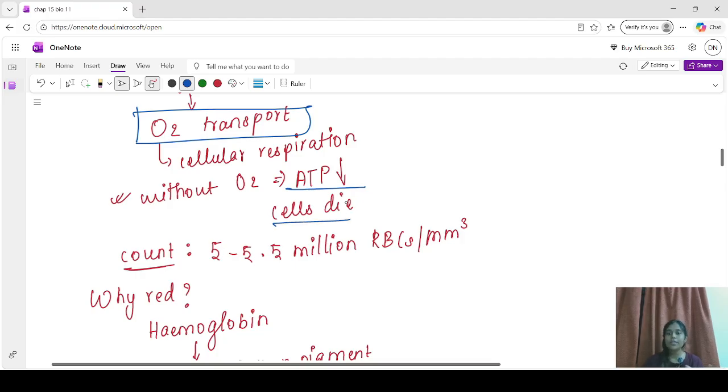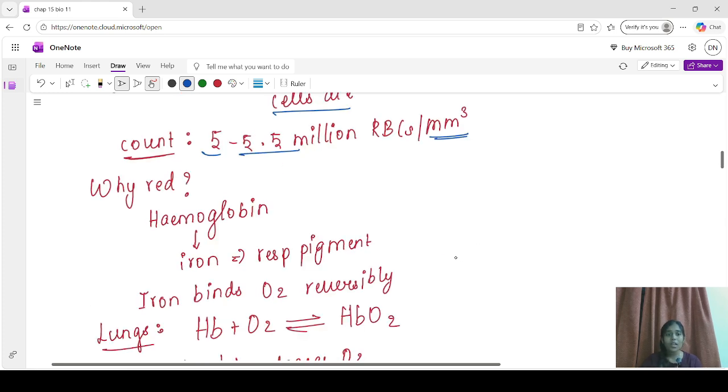So what is the count of the RBC in a healthy adult? In a healthy adult, the RBC count is 5 to 5.5 million RBCs per mm cube. Now, why are RBCs red? Because RBCs contain hemoglobin in them.